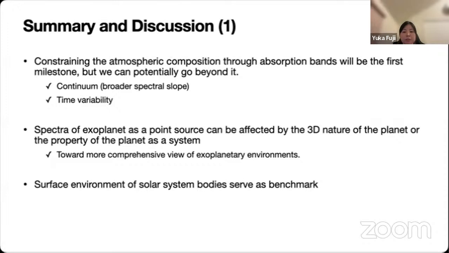Constraining the atmospheric composition through absorption bands will be a first milestone, but we can potentially go beyond it. We also discussed that the primary observation data of average spectra as a point source could be affected by the three-dimensional nature of the planet or the property of the planet as a system.